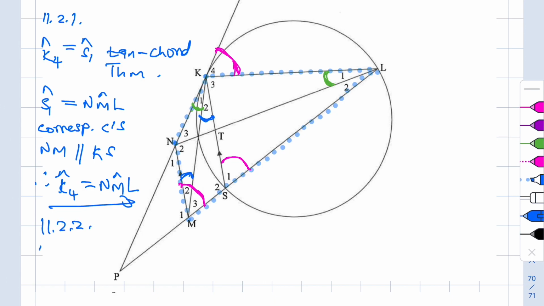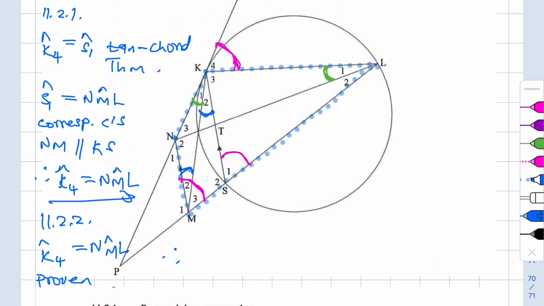in 11.2.2, we know that angle K4 is equal to this angle, which is NML. So it's angle NML. That one has been proven. Then we can say, therefore, KLMN is a cyclic quad.